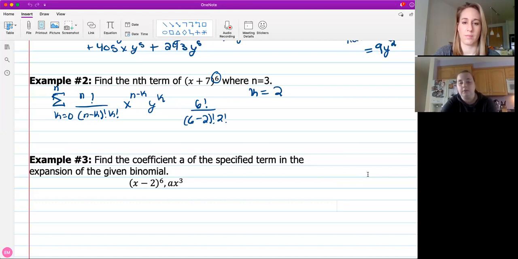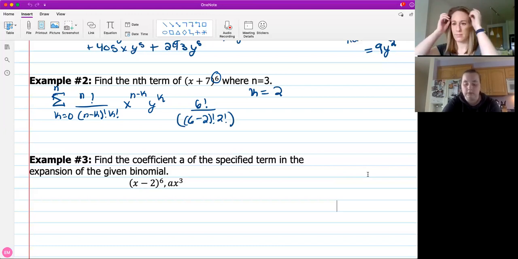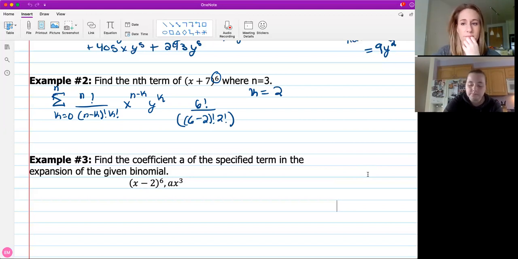Remember that a factorial is under math, and then you scroll over to probability, and then you hit number 4. Remember to put parentheses around that whole bottom piece if you put it into your calculator, otherwise you're going to get some weird things going on. Okay, so then we have x to the 6 minus 2, and 7, because that's our second term there, so 7 squared.